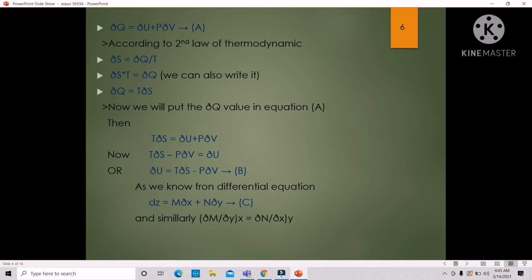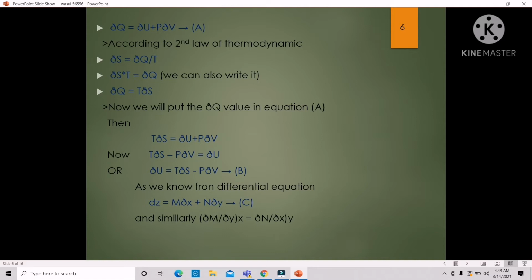Now we will put the change in heat value in equation one. We replace change in q with the temperature and change in entropy. So we get this form of the equation: the temperature times change in entropy is equal to the change in internal energy plus pressure times change in volume.